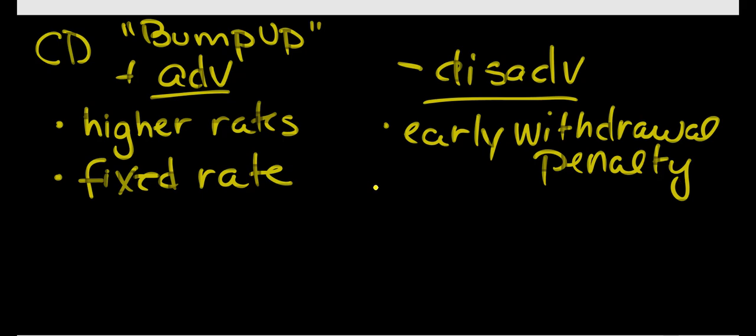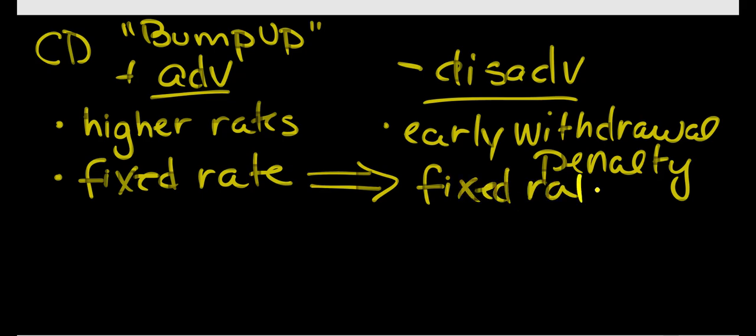Another thing is that the fixed rate could be a disadvantage, because if you have a variable rate and interest rates go up, you could get a higher rate. So a fixed rate is really only an advantage if you think interest rates are going down, but it's a disadvantage if you think interest rates will go up.